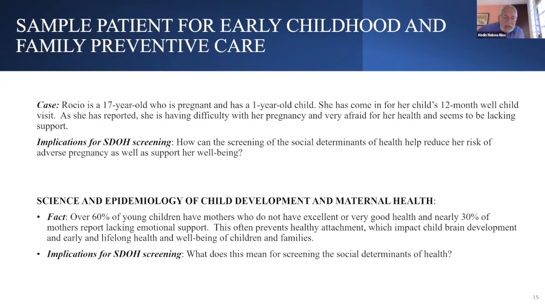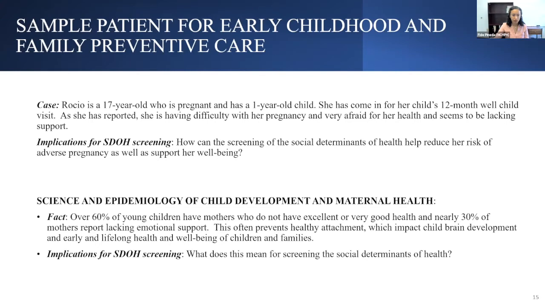Now, looking in general, in terms of science and epidemiology of child development and maternal health, here are some statistics that may be of interest. Fact: over 60% of young children have mothers who do not have excellent or very good health, and nearly 30% of mothers report lacking emotional support.